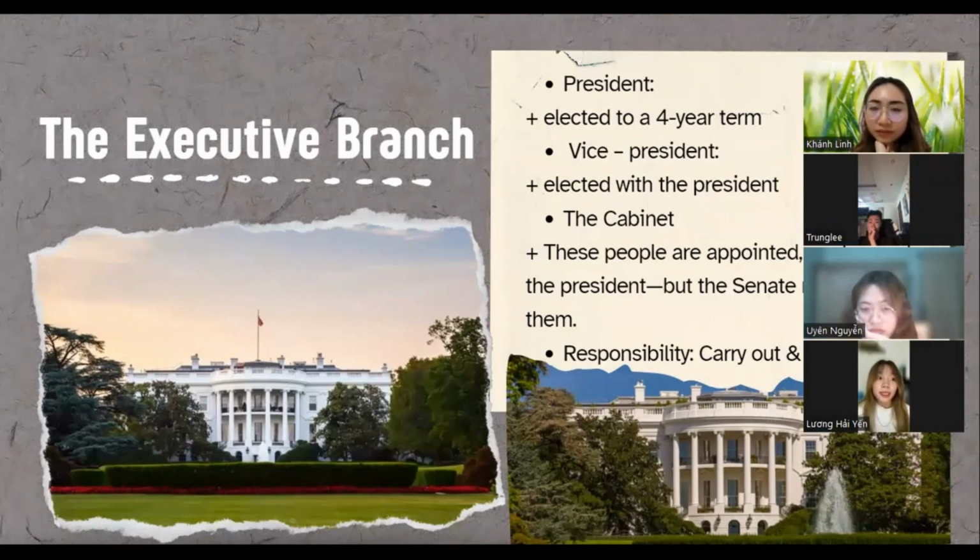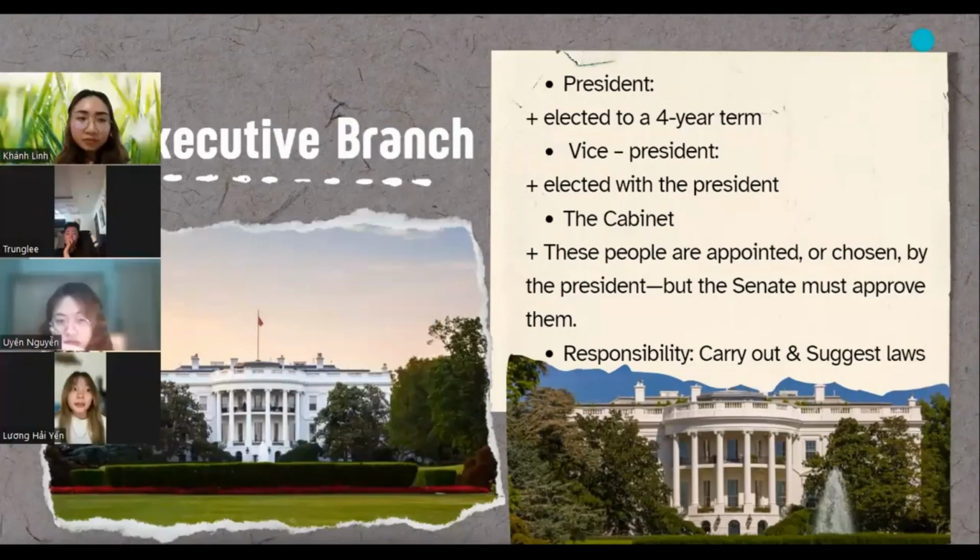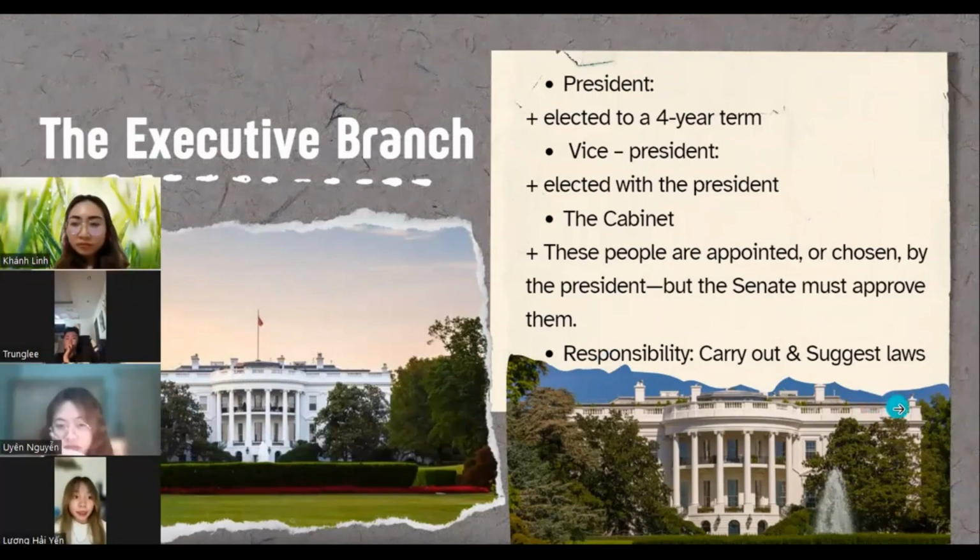If the president dies or leaves office, the vice president takes over. And the last one is the cabinet. These people are appointed or chosen by the president, but the Senate must approve them. Most cabinet members oversee federal departments such as education and defense.